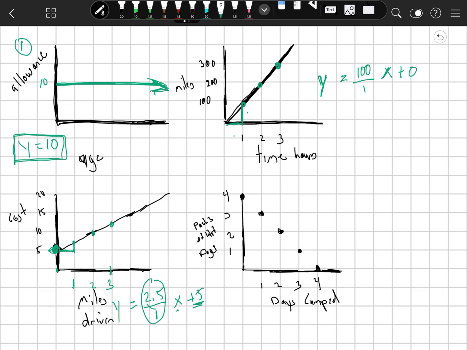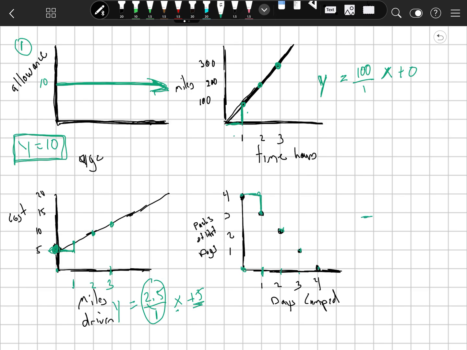Okay, last one. We have days camped and packs of hot dogs left. So at 0 days, you have 4 packs of hot dogs. After 1 day, you used a package of hot dogs. After 2 days, you used another package. After 3, you used 1. And after 4, you used 1, and so on. So let's see here. It looks like each time we go over 1 day, we're going down 1 hot dog.